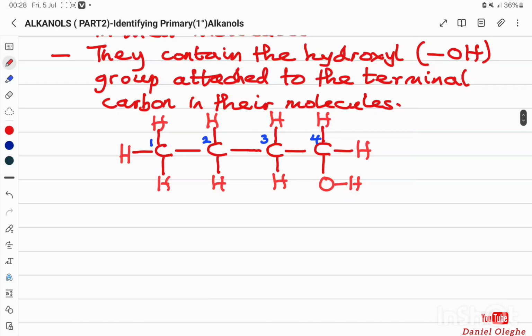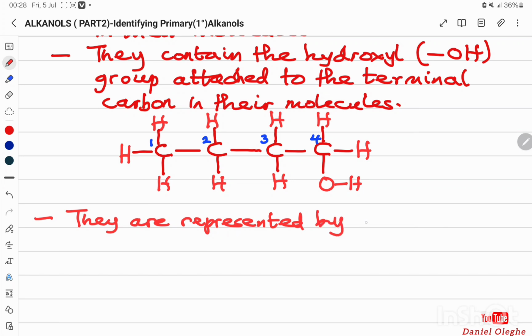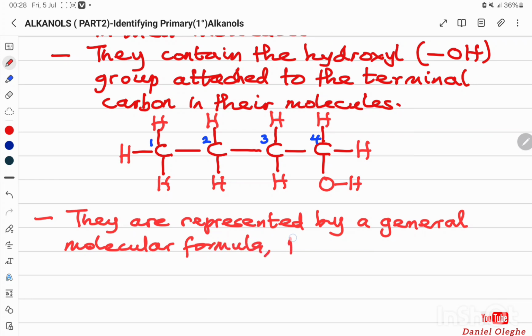We can also say that primary alkanols are represented by a general molecular formula, which is RCH2OH.